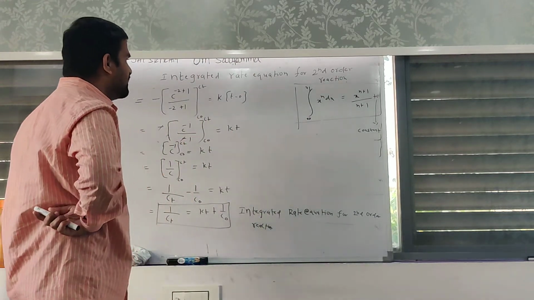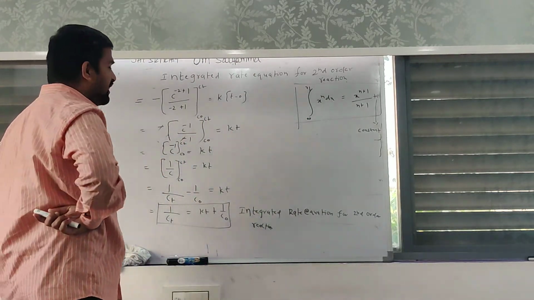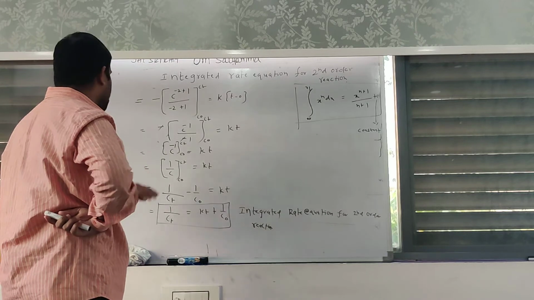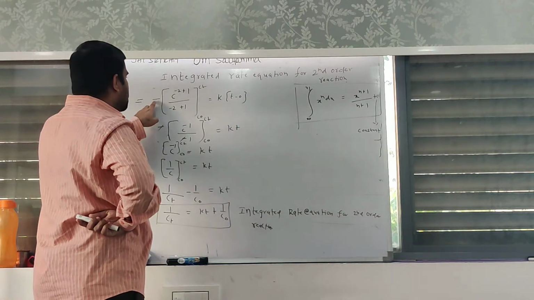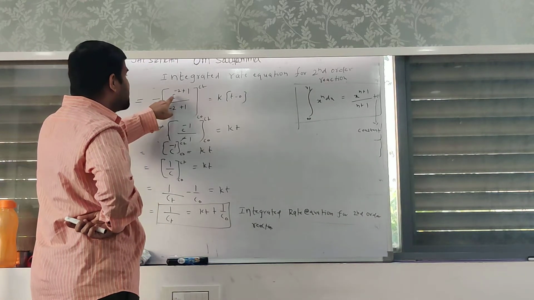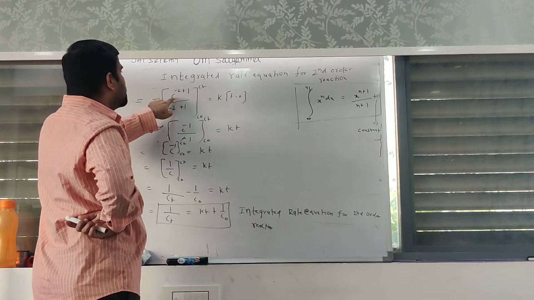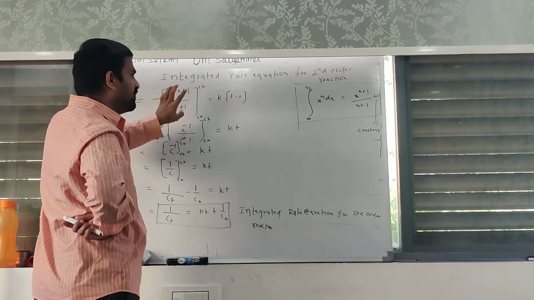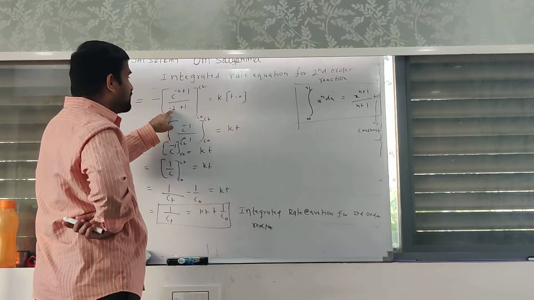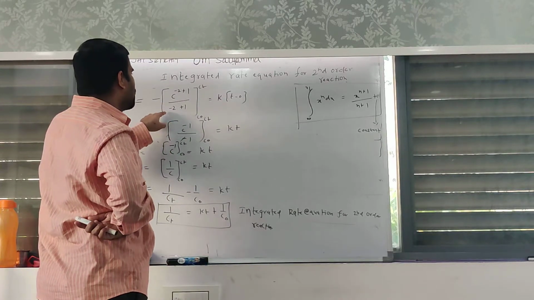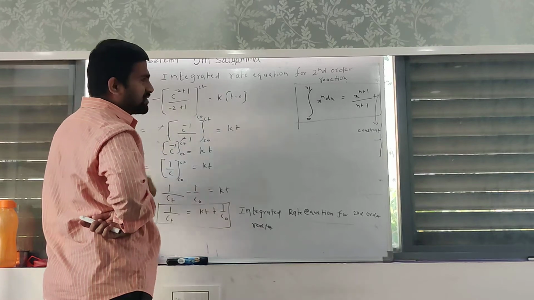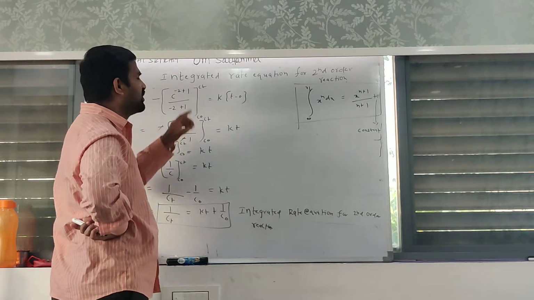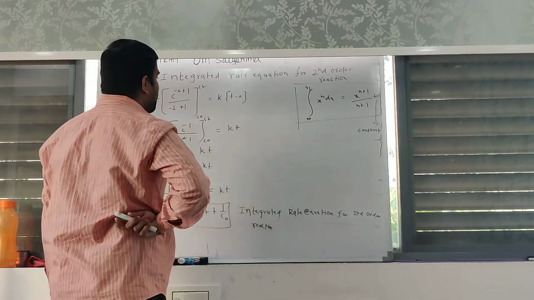Here n is equal to minus 2, so minus 2 plus 1, with limits c naught to ct, is equal to kt minus 0.